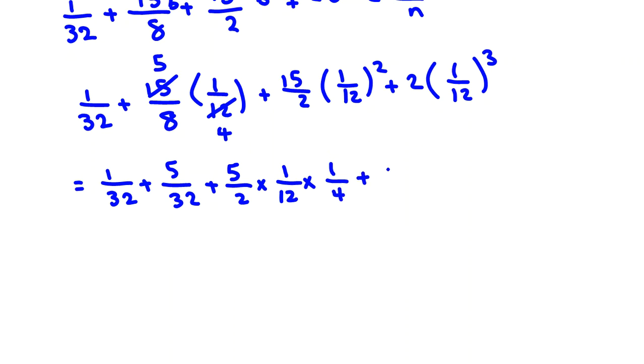Plus 2, one of them will be 1 over 6 because divide by 2. The other one is 1 over 12 times 1 over 12. Okay, here I write 1 over 32. The two parts will be what? 1 plus 5, 6 over 32. You can write 3 over 16.